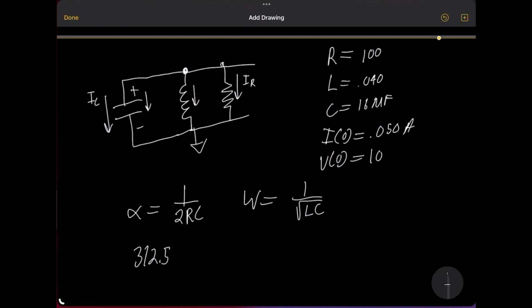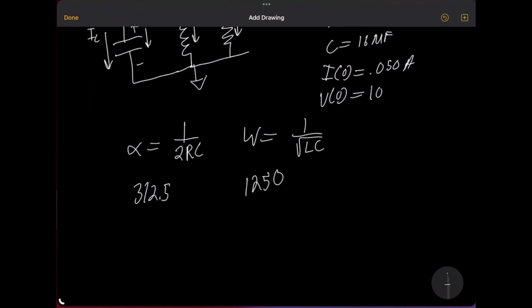Omega comes out to be, with the inductance times capacitance, 1250. It's a big difference. We're going to get an imaginary case with cosine and sine.